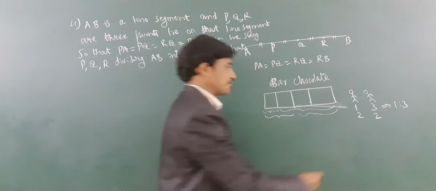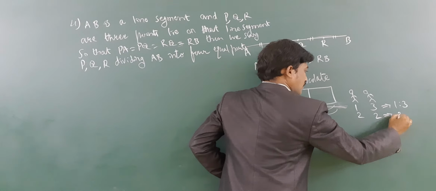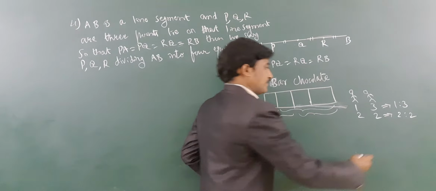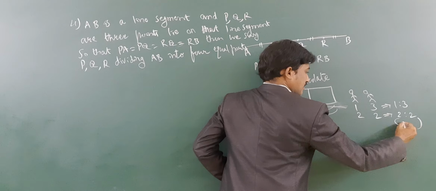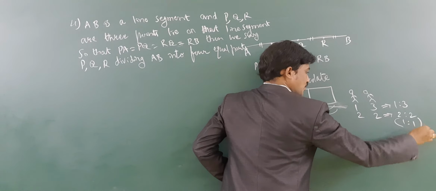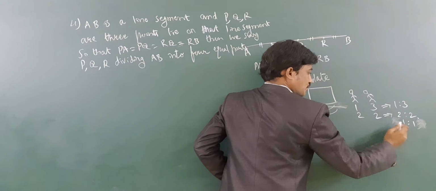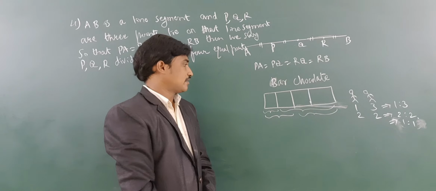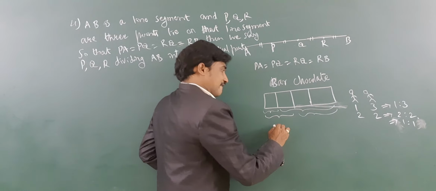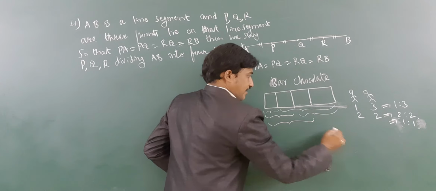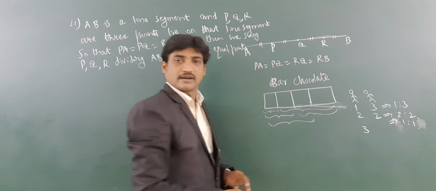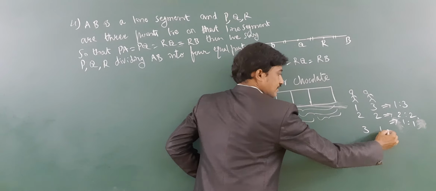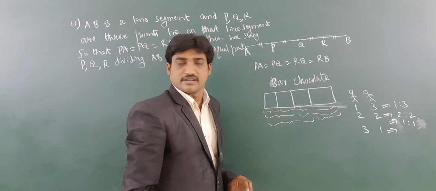Then the ratio is 2:2, which is nothing but 1:1. Next, first 3 parts to the first person, remaining 1 part to the second person. Then the ratio is 3:1.